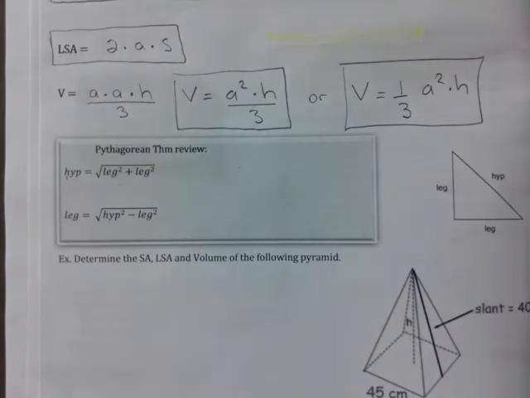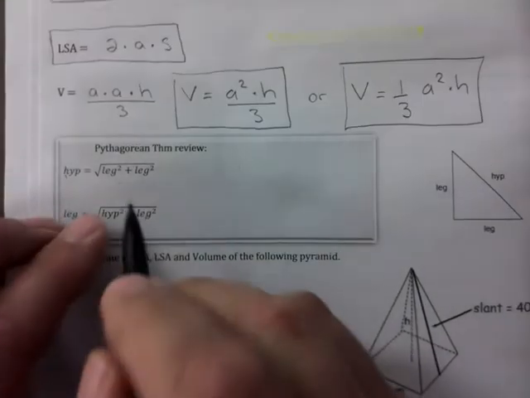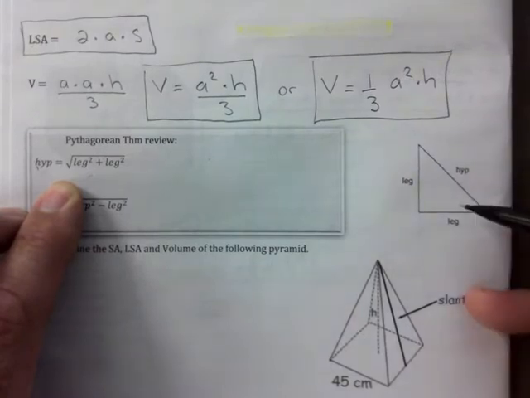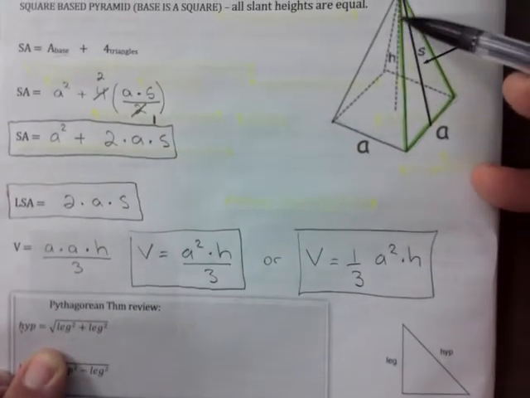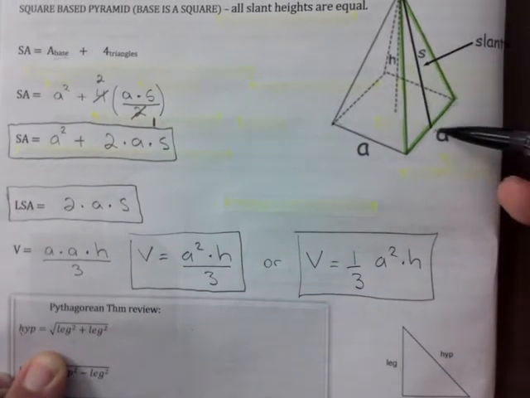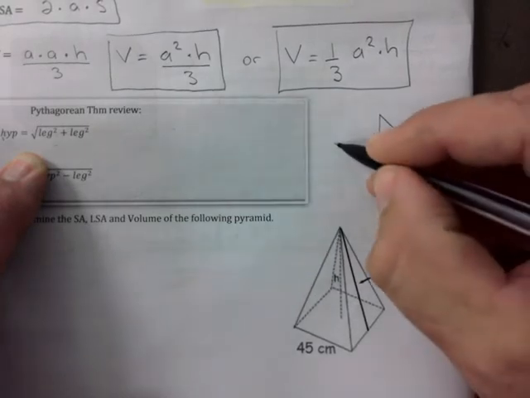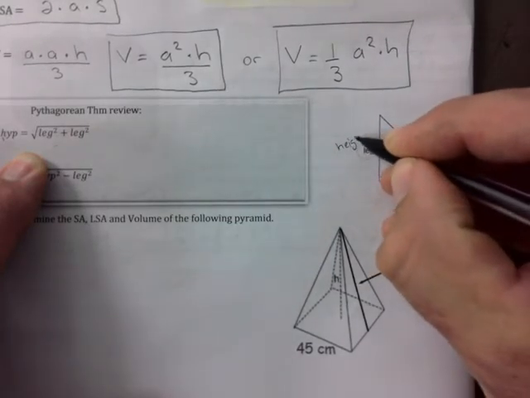So let me see here. I have my original here, my key, so to speak, and I want to make sure we get this right. If you're looking at this triangle right here, it's basically a cutout from this pyramid. Like if you cut this section out and bring it out here, this leg right here would be the height of the cone or the pyramid.